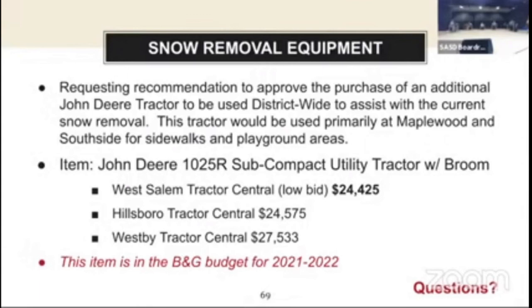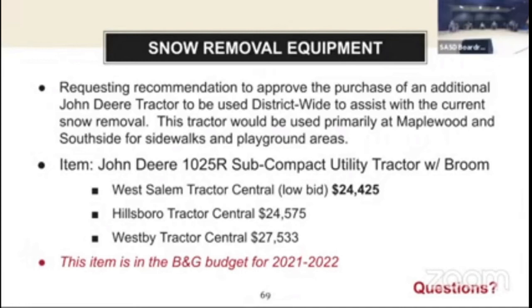Tractor Central is the company we go through. There are 3 different locations and they each have their own independent pricing. You can see the West Salem location had the best pricing, and so our recommendation would be to approve the purchase of the tractor from West Salem.